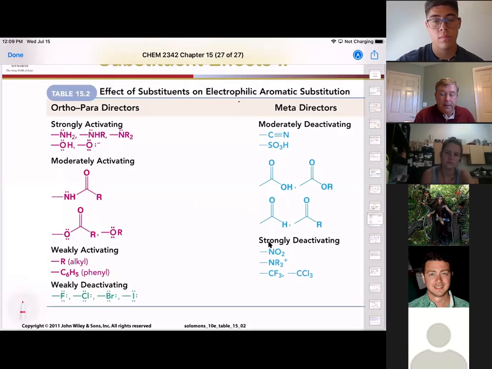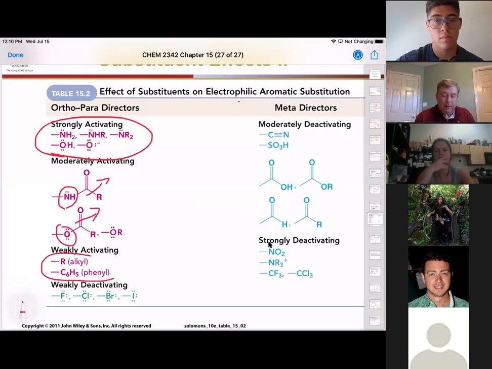Okay, so again, these electrons can contribute to that 4th resonance stabilized structure. These have some of their electron density being pulled away by the carbonyl. These only have slight activation because that's a non-polar bond. And these are only ortho-para direction because of the lone pairs.